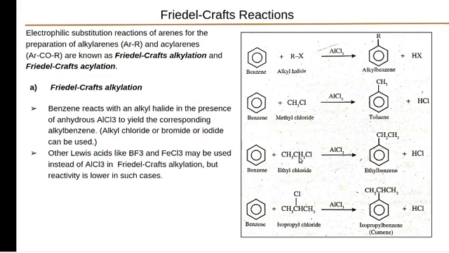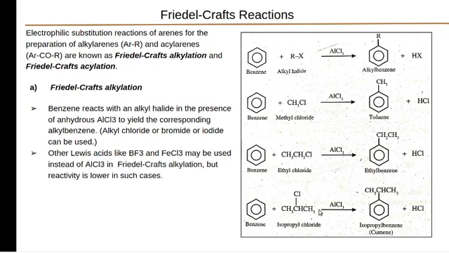So you have to change the alkyl group in order to produce different types of alkyl benzene. If we use ethyl chloride, we get ethyl benzene. If we use methyl chloride, we get methyl benzene. Hydrogen from benzene reacts with chlorine from ethyl chloride, HCl is removed, and the ethyl group gets attached on the benzene ring.